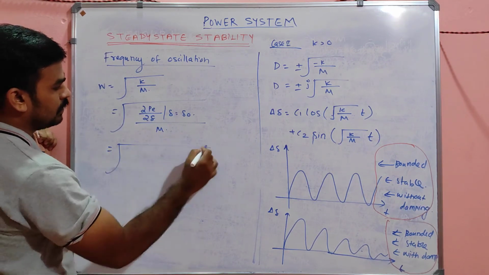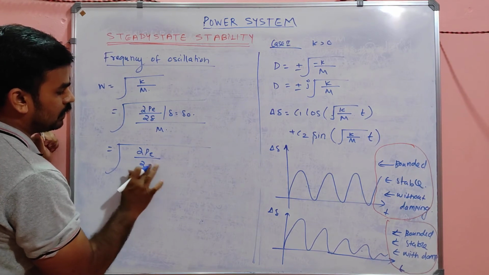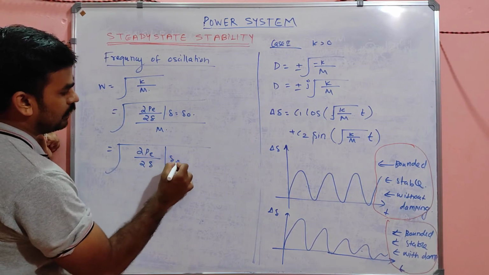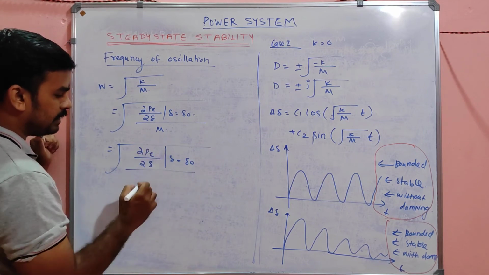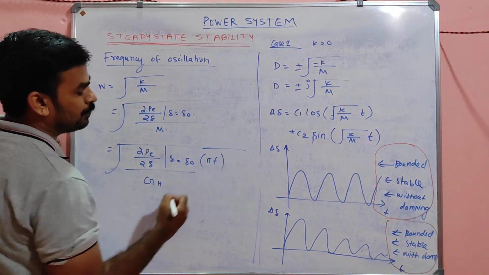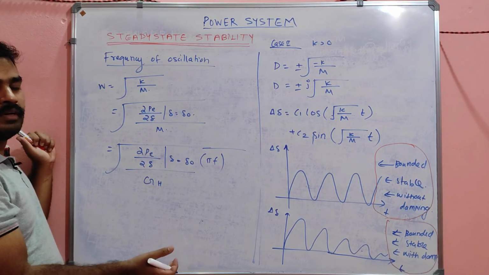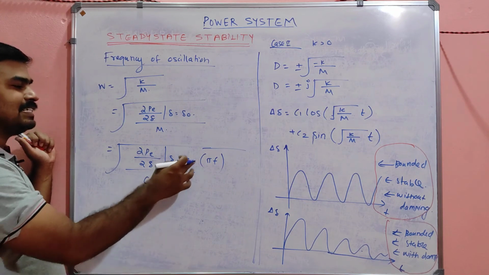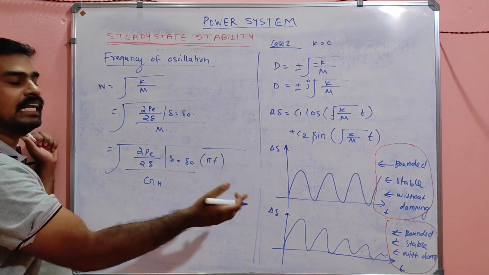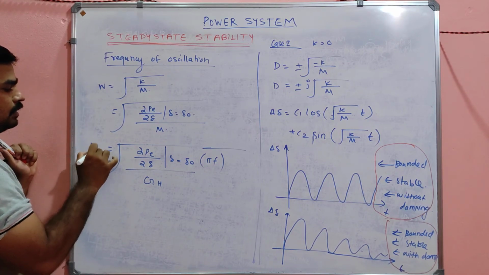Here m is GH divided by pi f in the case of radian, GH divided by 180 f in the case of degree, and simply H divided by pi f in the case of per unit. That is nothing but the omega.